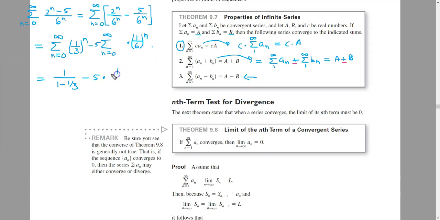And so that's going to be... And then simplifying all of this, 1 over 1/3 is going to be... And this is going to be 1 over 5 times 1 over 5/6.